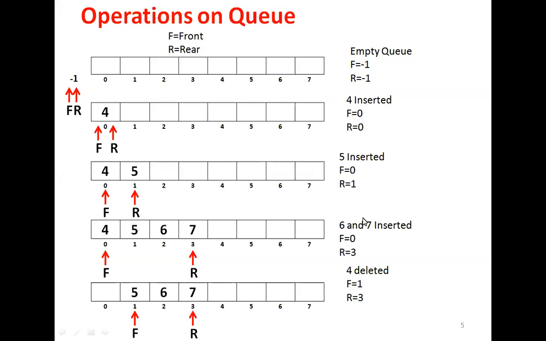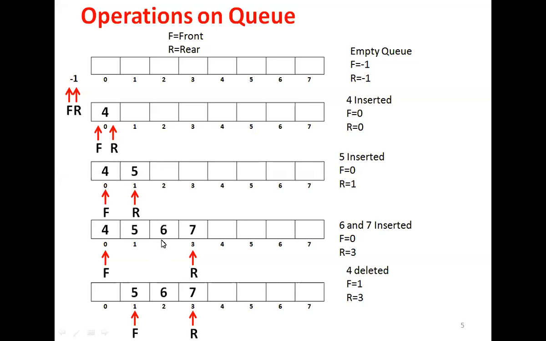Then suppose we want to insert two more data items, 6 and 7. We can insert them one by one, not at once. At a time you cannot insert two; you will insert one by one. So first of all, we will insert this 6. Here r is pointing to 1, so for inserting 6, you have to increment r by 1, so it will point to 2. Then you insert 6.